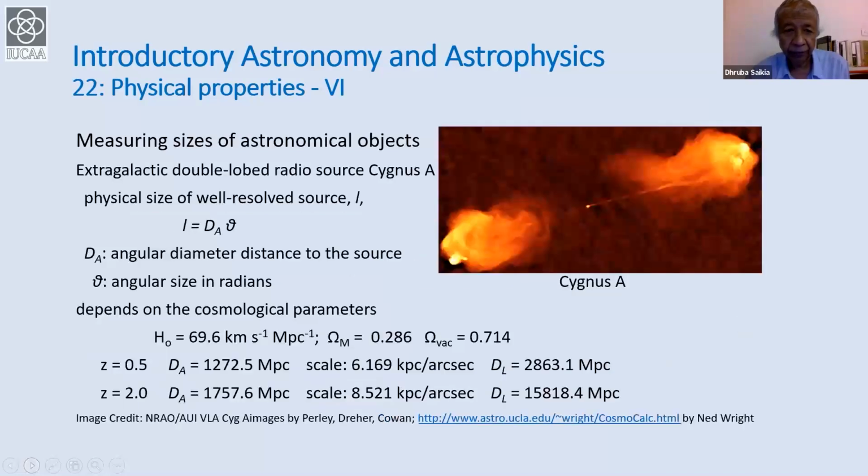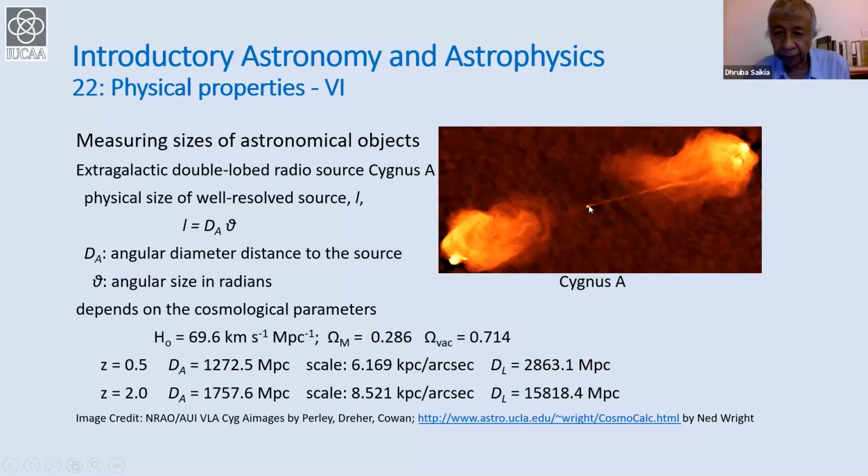But on the other hand, if we have large objects, for example, this double-lobed radio galaxy, Cygnus A, one of the early radio galaxies to be identified. As you will recall, it is one of the more luminous radio galaxies, identified by hotspots or bright regions at the outer edges of the lobes of radio emission.